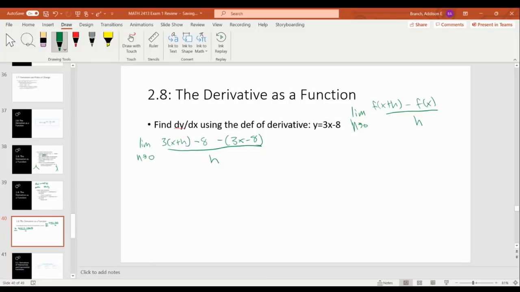All right, we can go ahead and expand that out, and we can get 3x plus 3h minus 8 minus 3x. If we distribute this negative, we're going to get minus 3x plus 8, all over h.